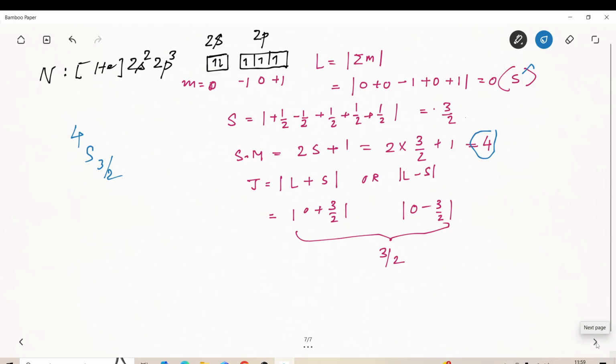Next, let us consider another example. Suppose we look at the transition metals, for example chromium 3 plus.